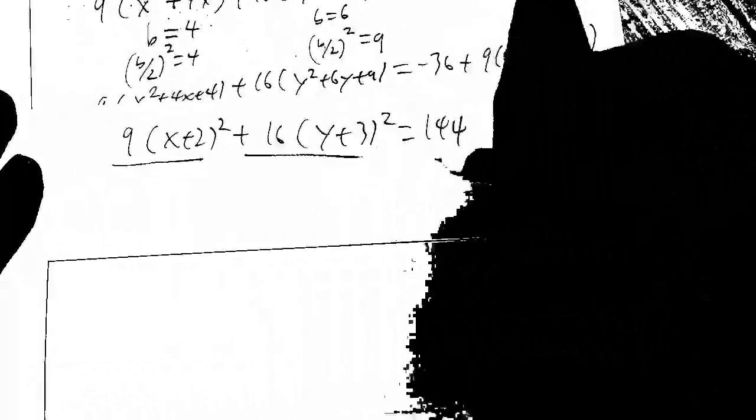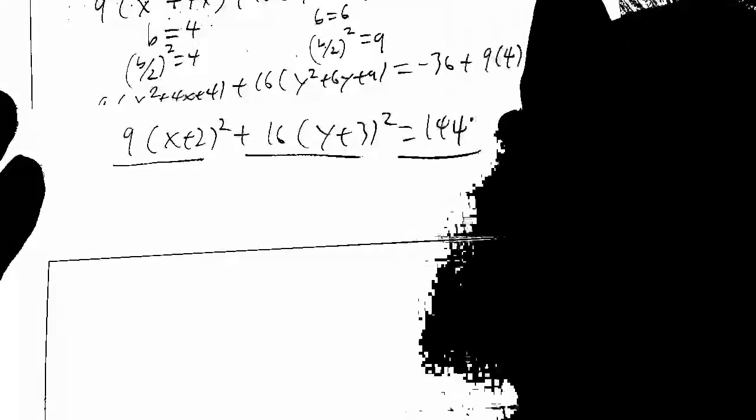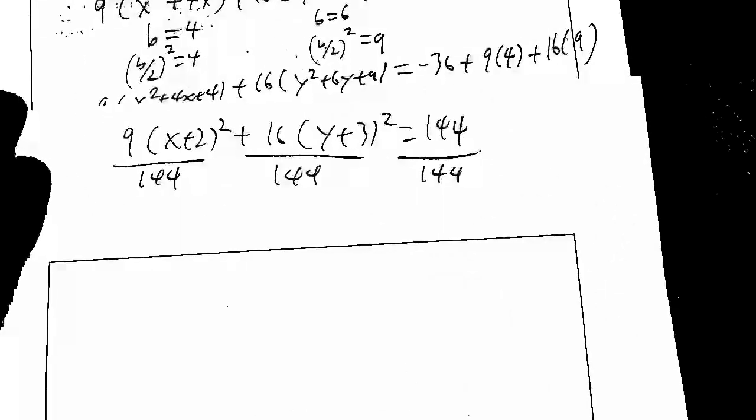Last step here is we're going to divide everything by what? This has to equal 1, so we're going to divide everything by 144. We'll just write that as the simplest fraction.